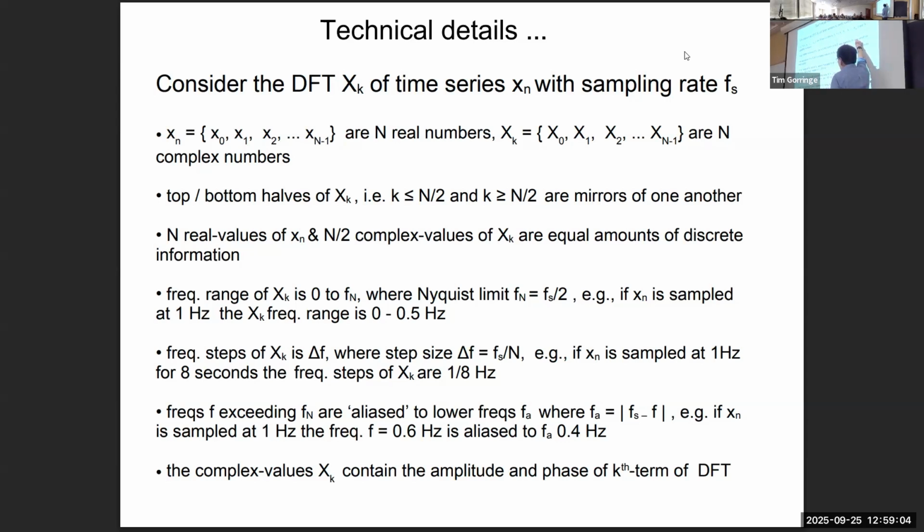Interesting thing about the frequency domain data. Imagine this array that is the frequency domain data. The first half of that array and the second half of that array, so the top end and the bottom end, are mirrors of one another.